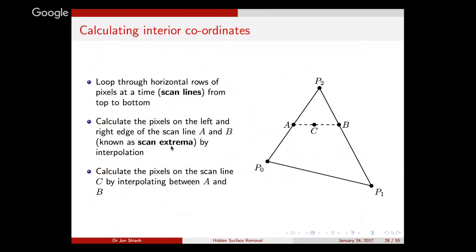Point A is where the left edge of the polygon intersects with the scan line. Point B is where the right edge also intersects with the scan line. You do that by linear interpolation. These are known as scan extrema, A and B. The position of C is then calculated by interpolating between A and B.